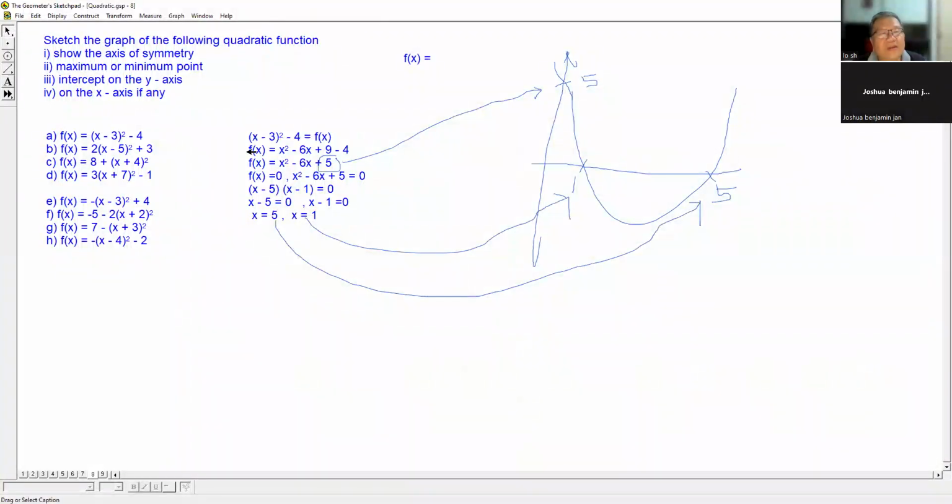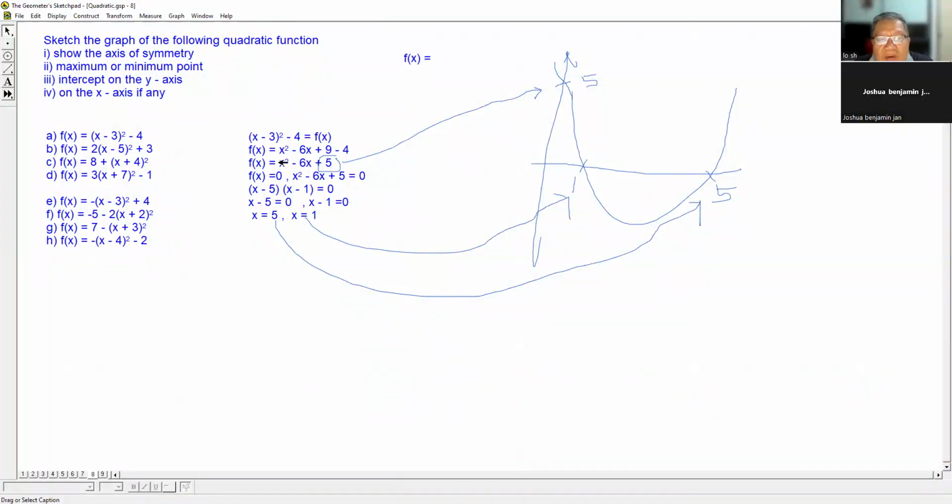So actually from this quadratic equation, ax squared plus bx plus c, I can know two things. The first thing is where it cuts the y-axis, and also where it cuts the x-axis. And also because of the a here.